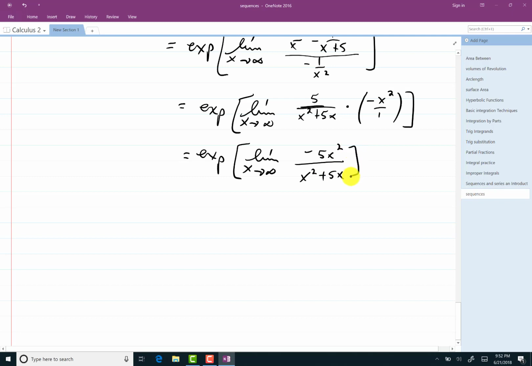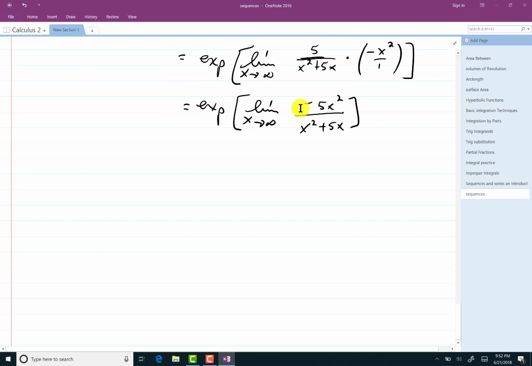Now, you should be able to tell this is going to end up being negative 5, because I could simply divide out the x squared from both numerator and denominator, and if I do that, I'll get negative 5 over 1 plus 5 over x. Or we can use L'Hopital some more if you really want to get it to a very obvious limit.